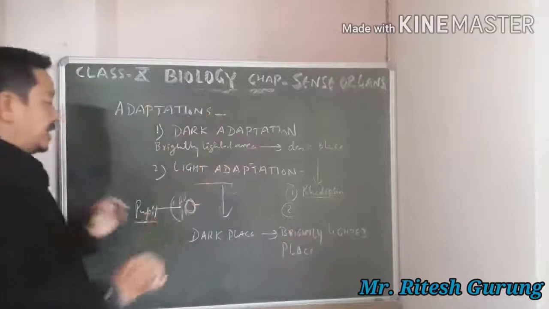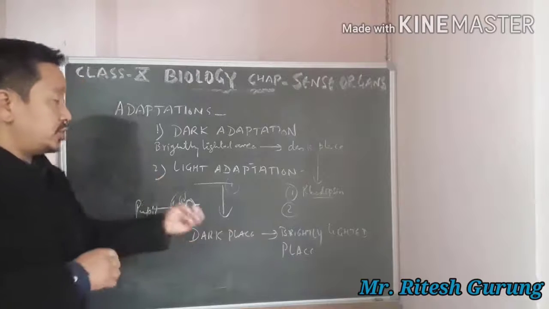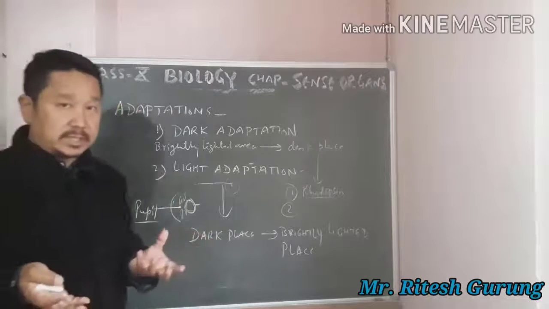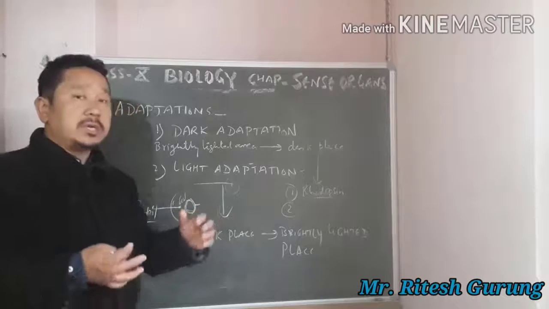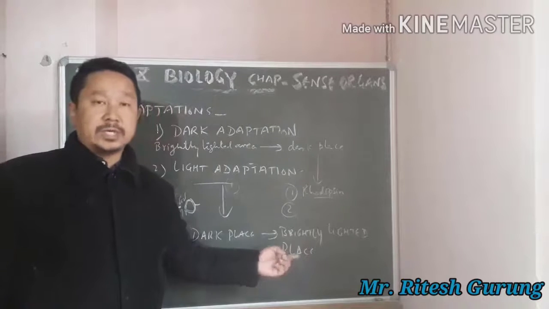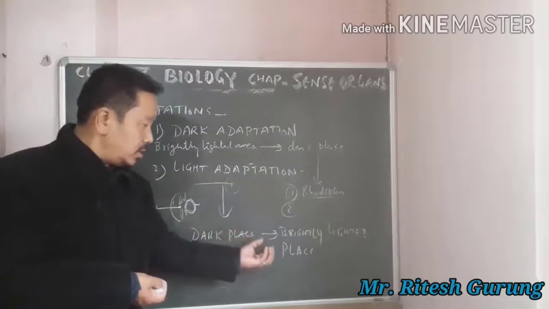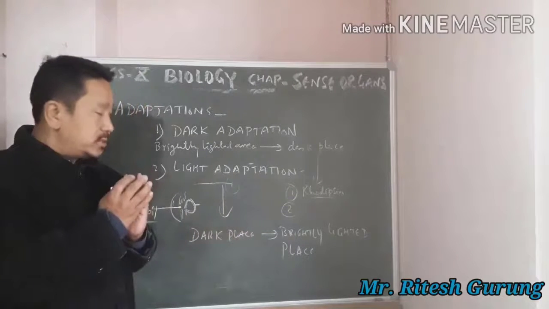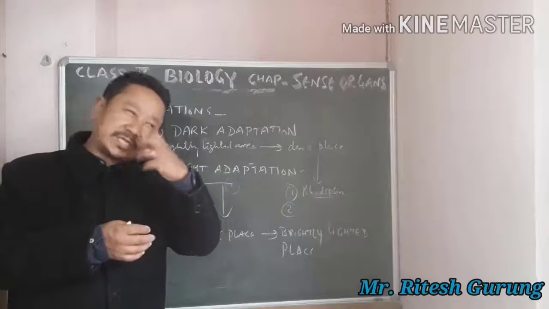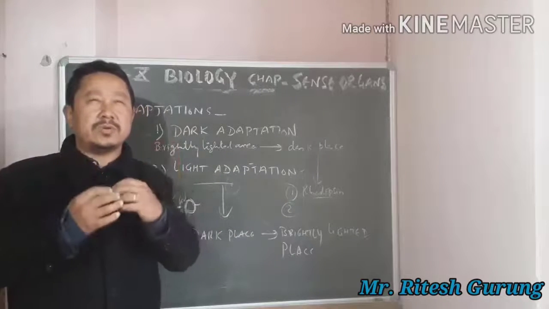You must have experienced this situation. When you are in the dark place and suddenly go to the brightly lighted place, you experience a dazzling condition. Extremely bright. You happen to close your eyes, you cannot see properly.